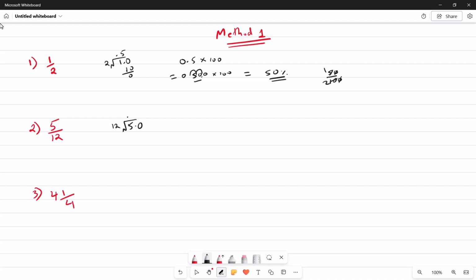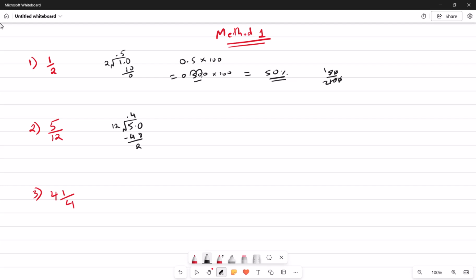Now 12 times 4 is 48. That's the closest we can get before the number becomes bigger than 50, because 12 times 5 is 60. So we multiply by 4. 12 times 4 is 48. We subtract this, and 50 minus 48 is 2.